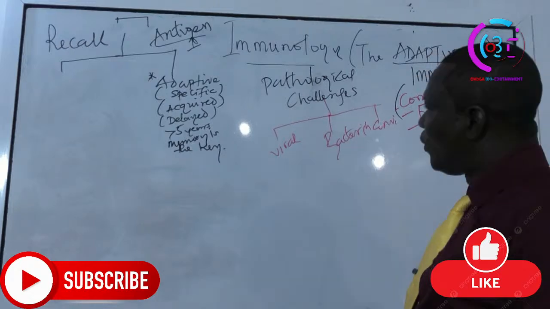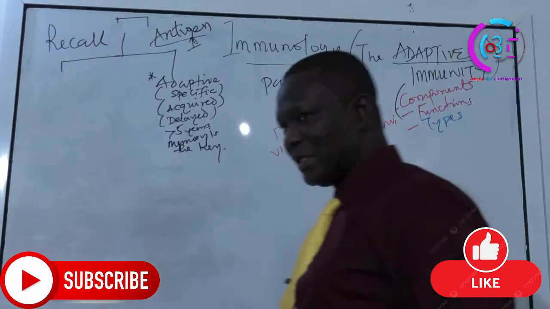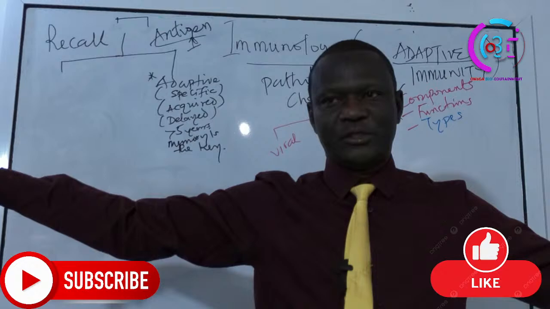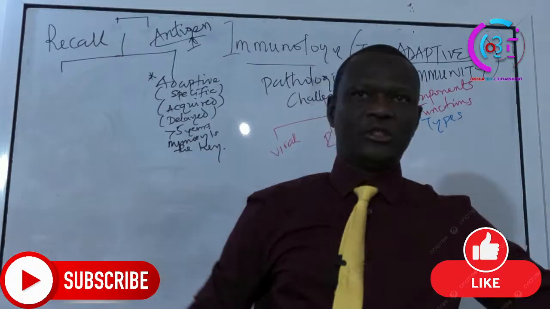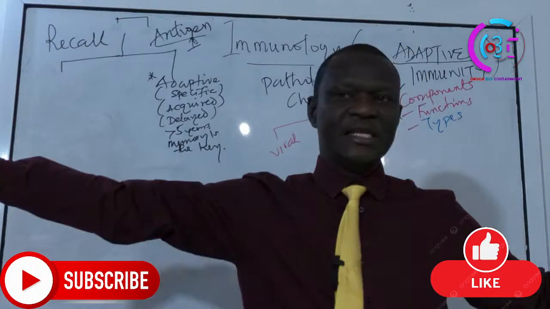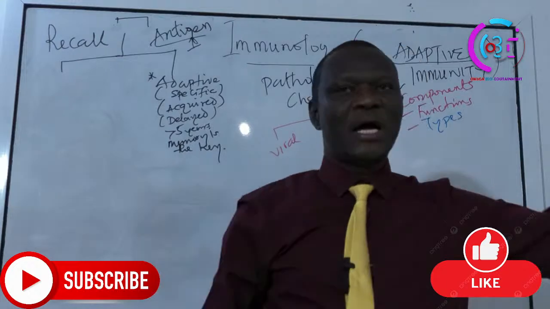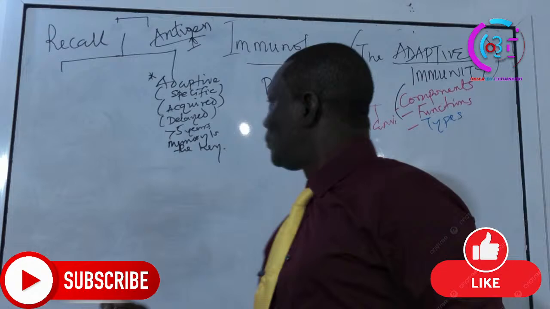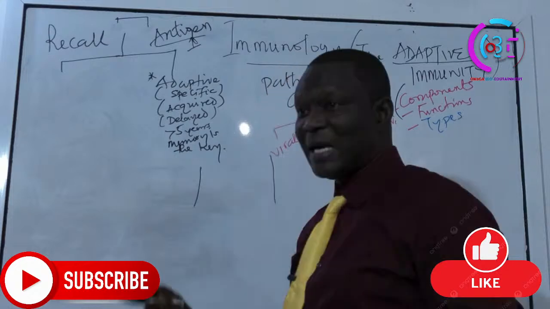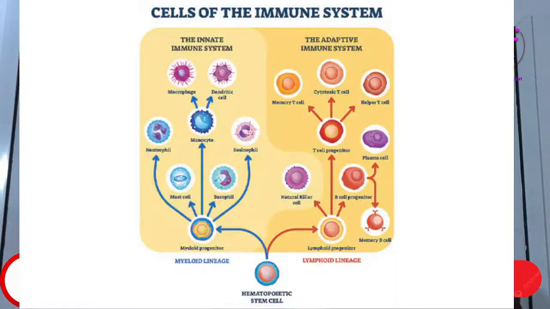But don't forget, just like I said, that there are two arms of immunity. The first arm is innate, the one we are born with, and the second arm is adaptive. But there are certain cells that will serve as an intermediary between the innate and adaptive mechanism.